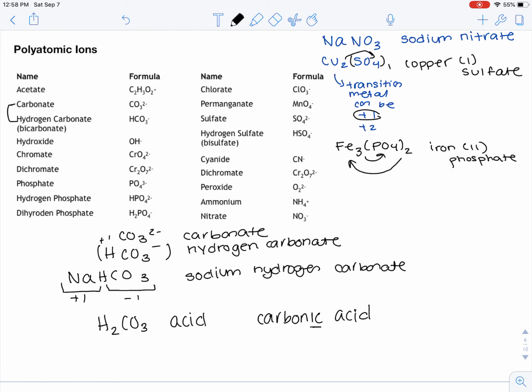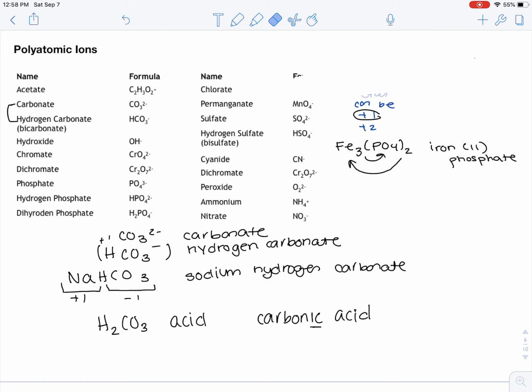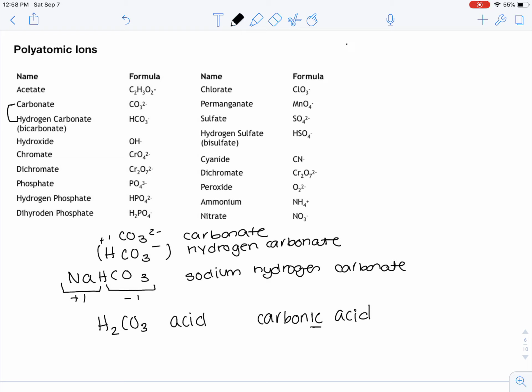Then one more thing, going over here, is when oxygens are lost. Most of the polyatomics are oxyanions, a nonmetal with multiple oxygens. So what can happen is you can add oxygen or lose oxygens, and then the names change because you have to indicate through the name how many oxygens you have.